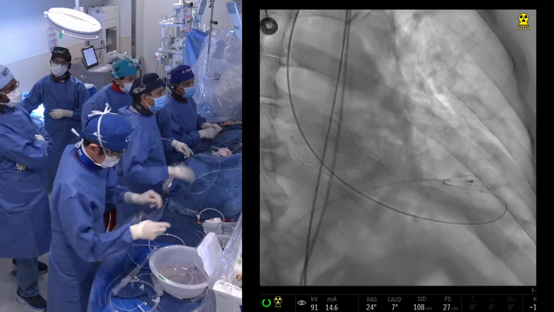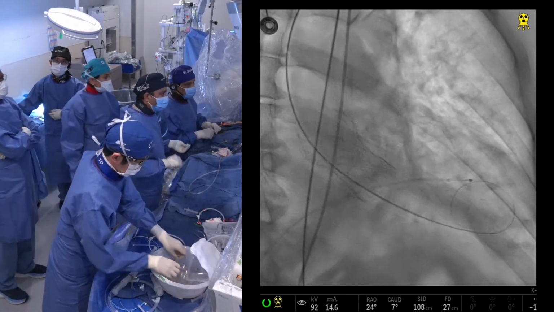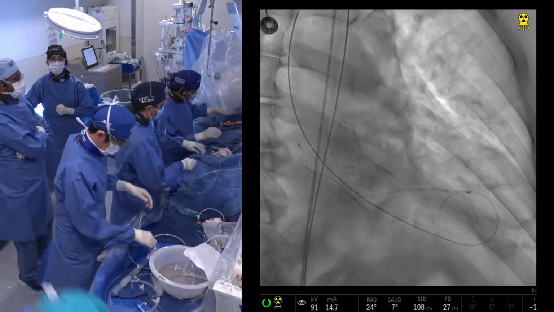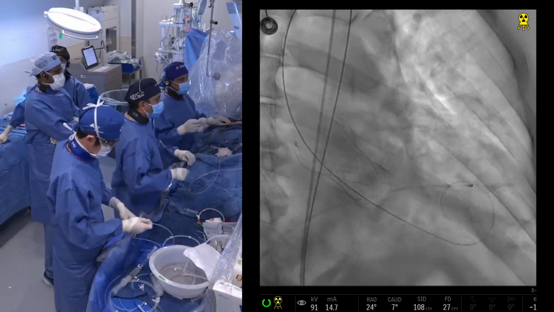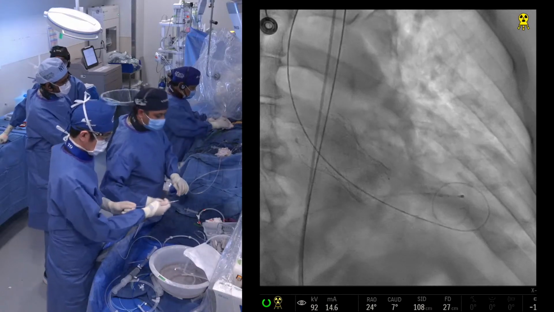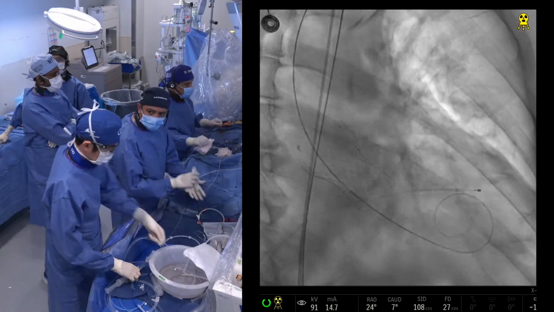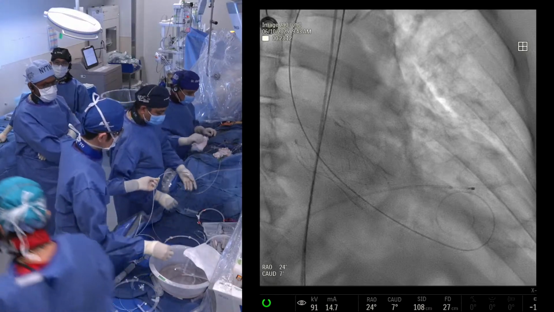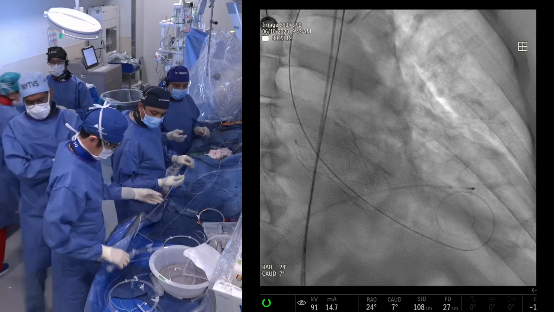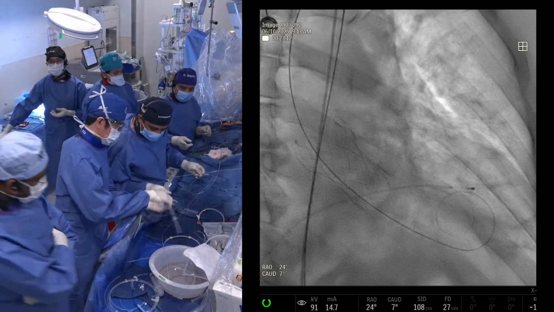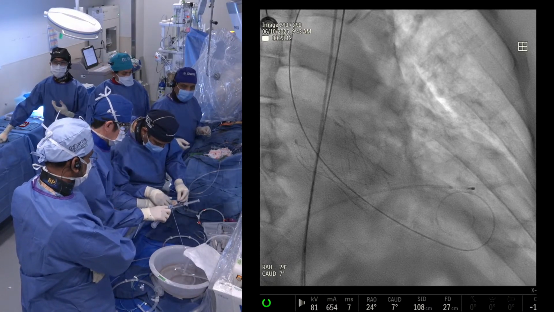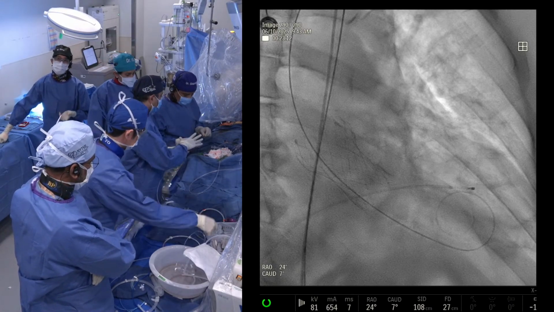With self-expanding valves, we don't know whether you need to oversize more, but because of AR, typically the LVOT is bigger. So valves like Evolut or Navitor, when they deploy and release, because there's no support from the LVOT, may release deeper, more ventricular. Then you have the problem of fixing AR but then having PVL.